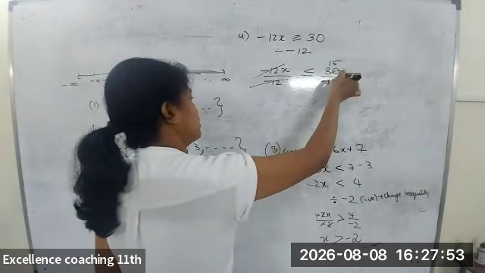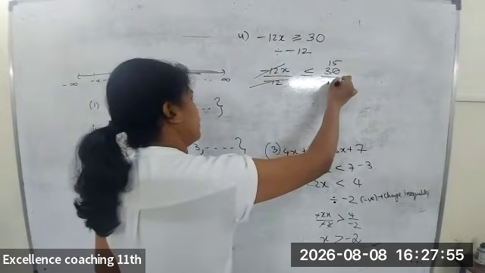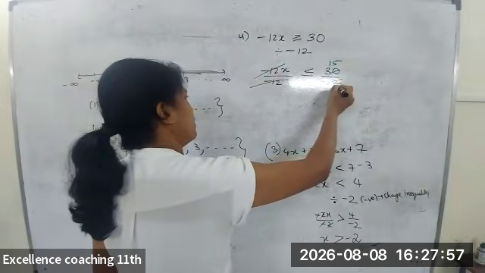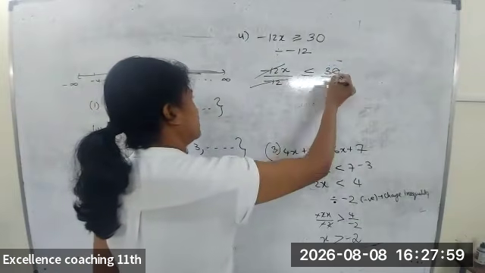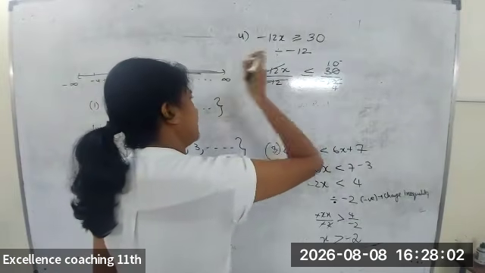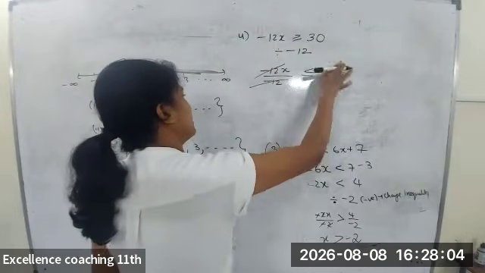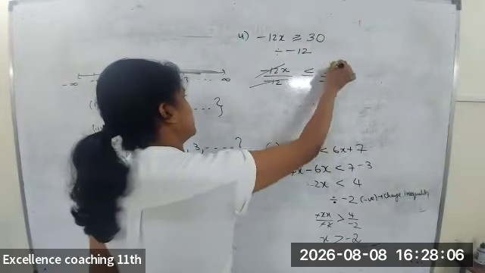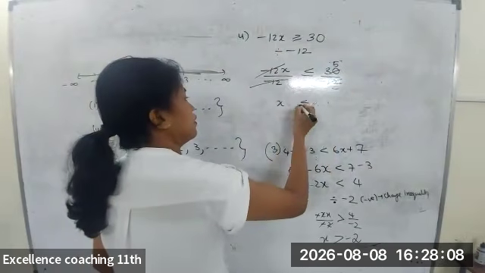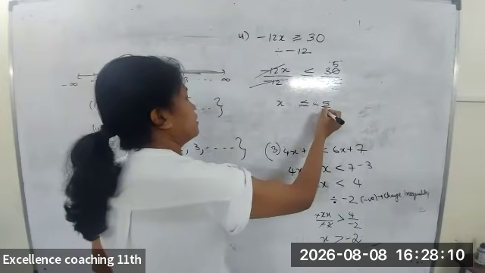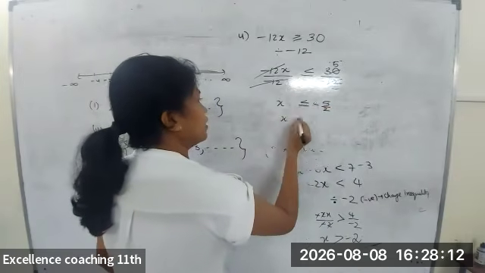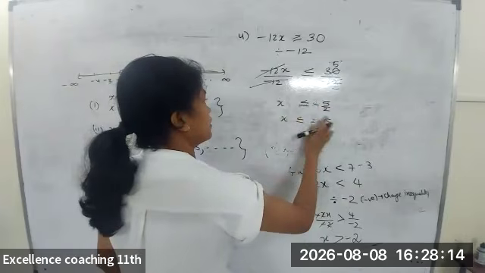15, or 3 4s are 12, you can do it. Or 6 table directly, no? 6 5s are 30. Minus 5 by 2, or this is a direct number, 2.5 you get that.